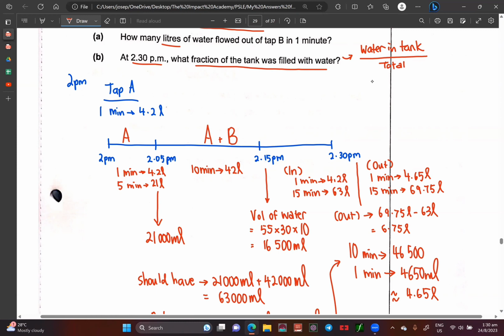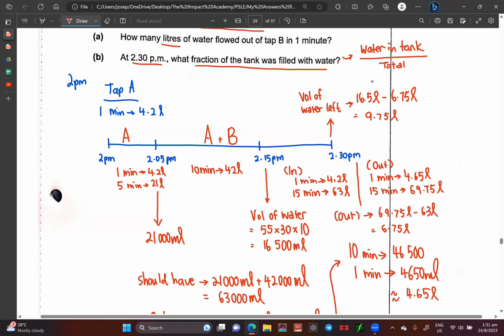So this is the amount of water that goes out, which means the volume of water left over here will be 16,500 ml. We change that to 16.5 liters minus away 6.75 liters. We get 9.75 liters of water left in the tank.